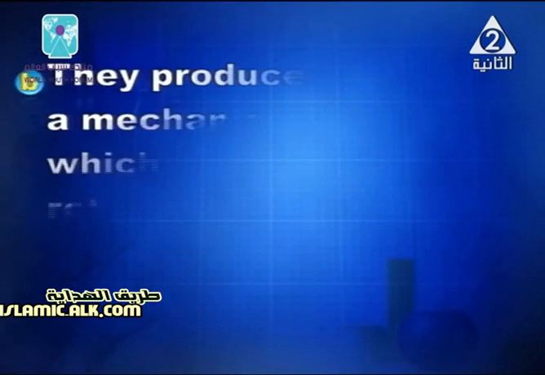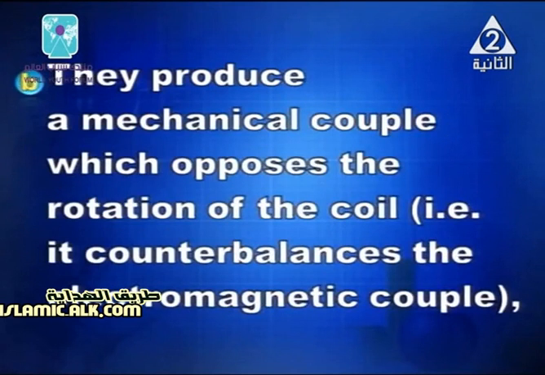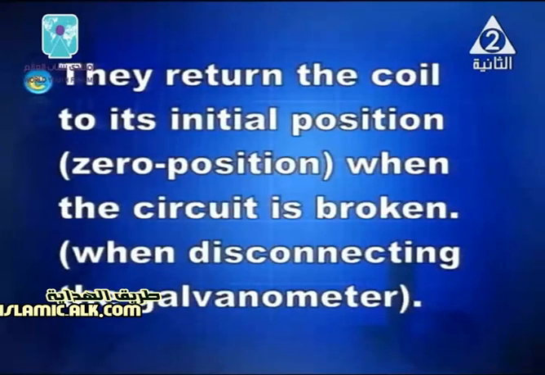They produce a mechanical couple which opposes the rotation of the coil, that's to say, it counterbalances the electromagnetic couple. Hair springs return the coil to its initial, zero position when the circuit is broken, when disconnecting the galvanometer.